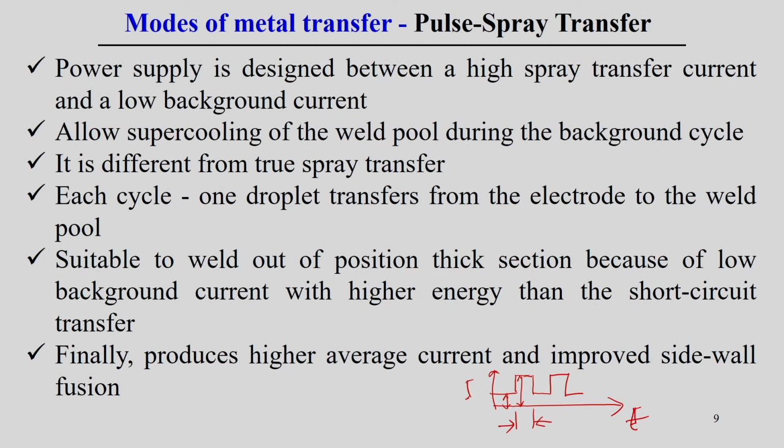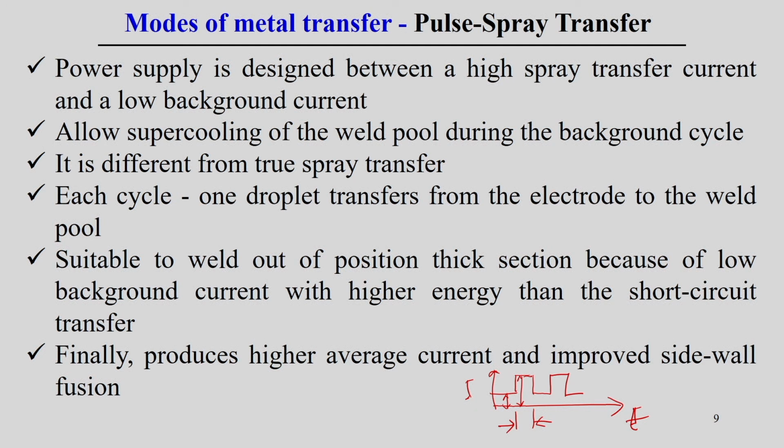The spray transfer normally happens at the high transfer current, and the low background current is normally designed to allow supercooling of the weld pool during the background cycle. So, when there is a low background current, during the pulse off period, it helps the supercooling of the weld material. Therefore, in each cycle one droplet is transferred from the electrode to the weld pool.